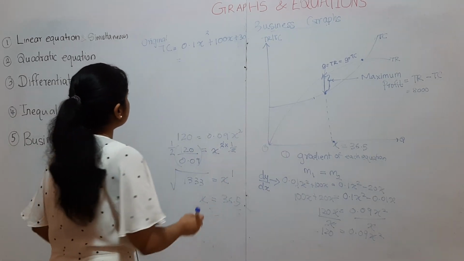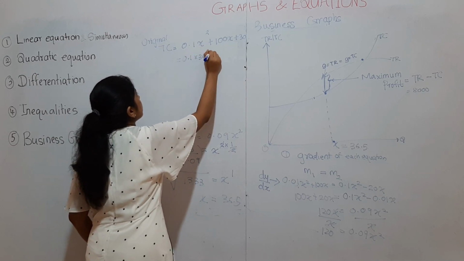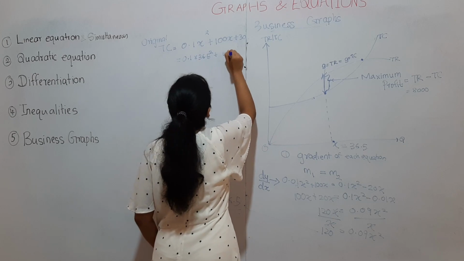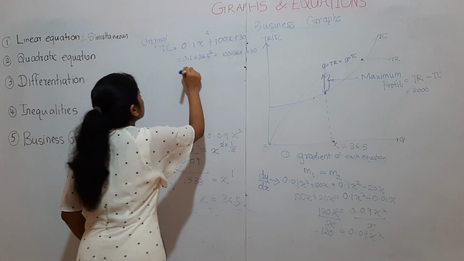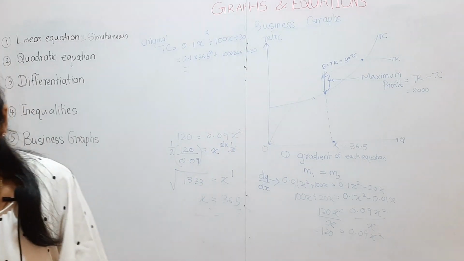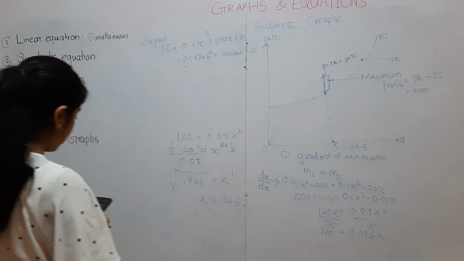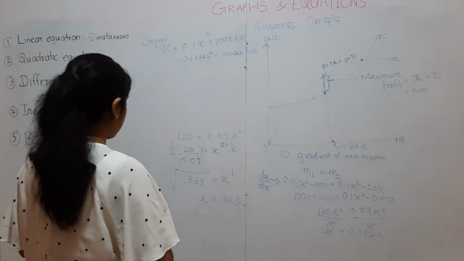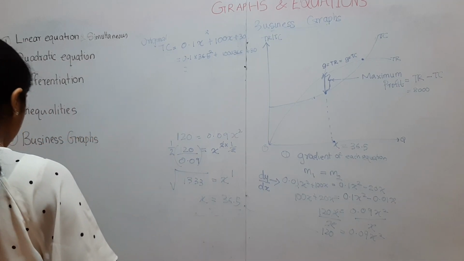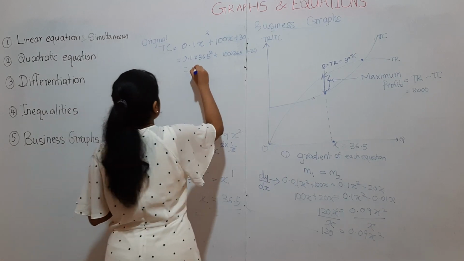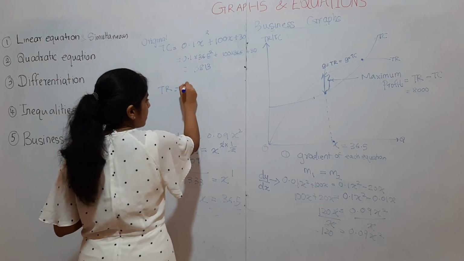If x is 36.5, substitute 36.5 into the original equation, not the gradient equation. It gives $3,813.